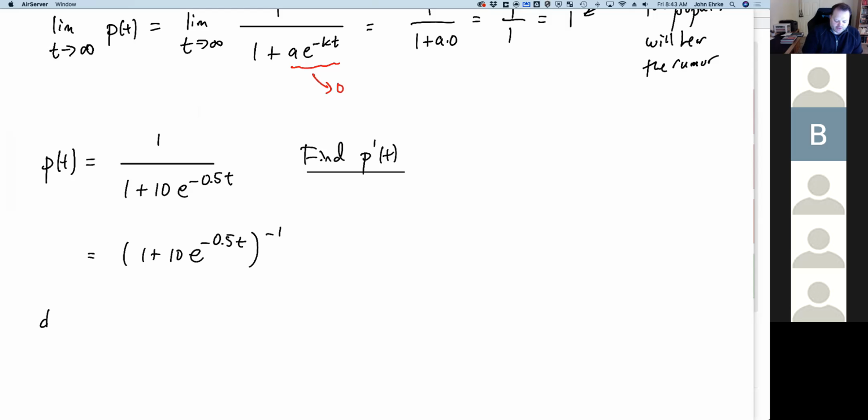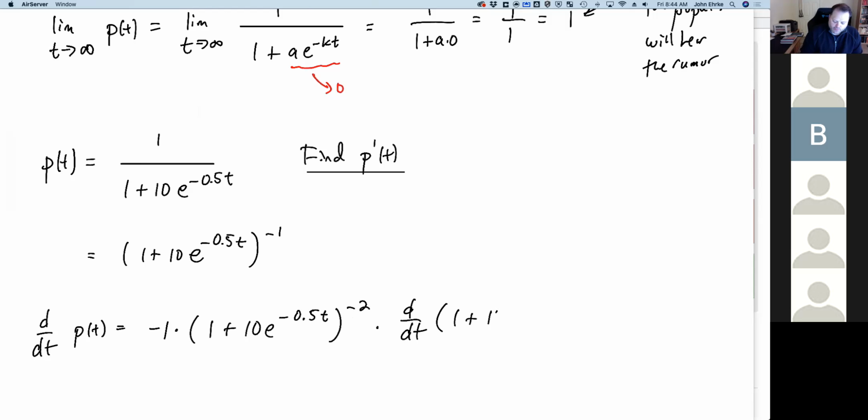If I take the derivative of that, you've got something raised to the negative 1, so it's negative 1 times that thing raised to the negative 2, according to power rule. But then I have to multiply by the derivative of the inner function because of chain rule.